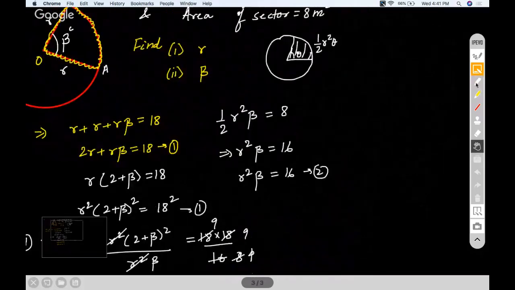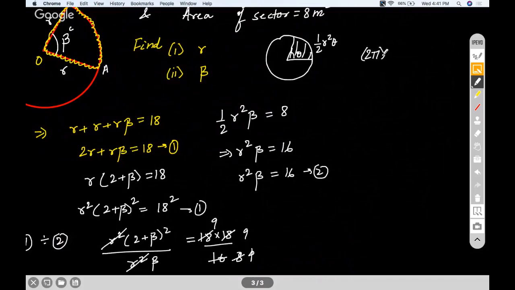We know that 2 pi radians is equivalent to pi r square. So how much is theta radians equivalent to? Just cross multiply. So theta into pi r square divided by 2 pi. So it's just the unitary method which I'm using here. So half theta r square, or you can say capital R square, will give you the area of the sector. And according to my question, that is given to you as 8. Correct?